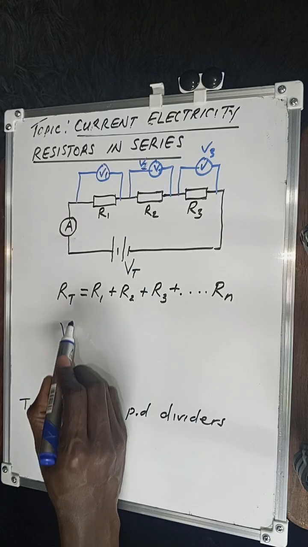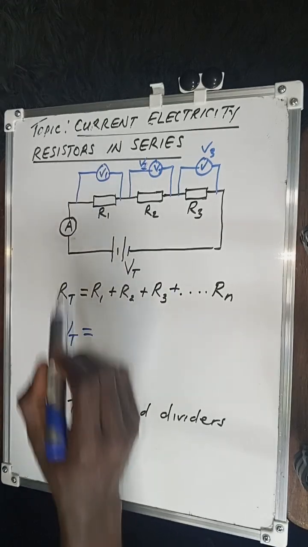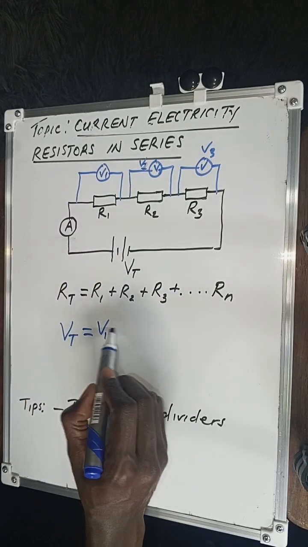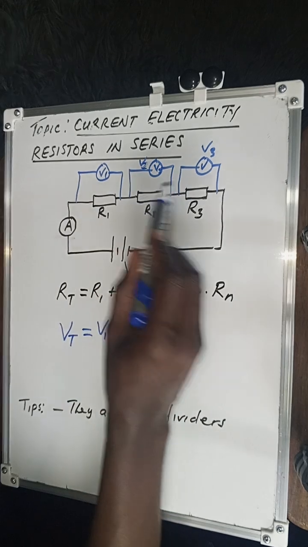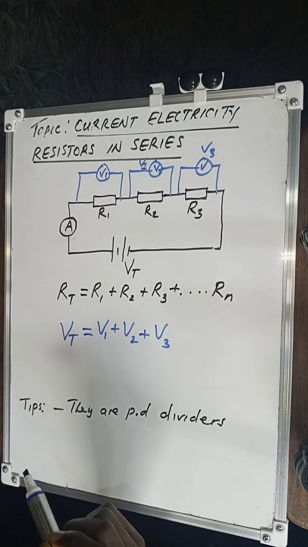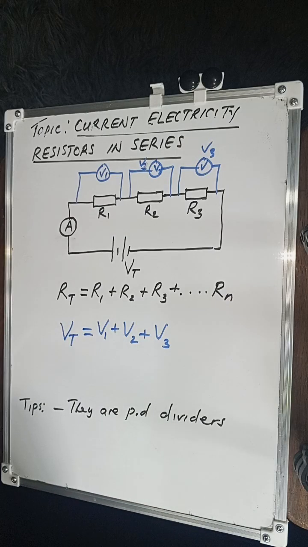Meaning, the total voltage from the source is the result of adding voltage 1 plus voltage 2 plus voltage 3 across each of those resistors. That's what we mean when we say they are potential dividers.